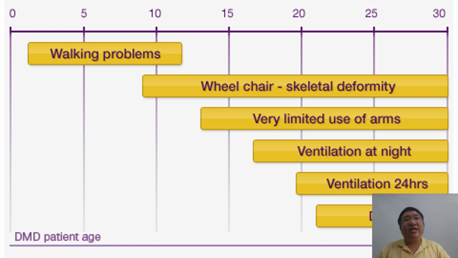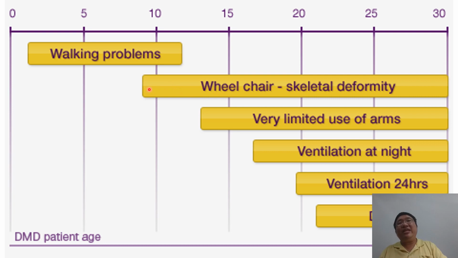And the disease progression for Duchenne muscular dystrophy is quite predictable. The children will suffer walking problems around the age of 2 to 5 years. And then at the age of 10, some may have to use a wheelchair because of skeletal deformity.